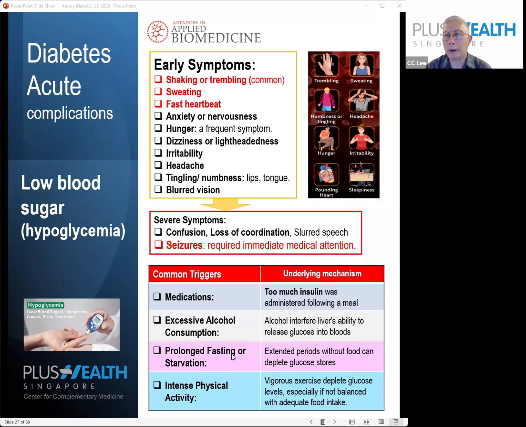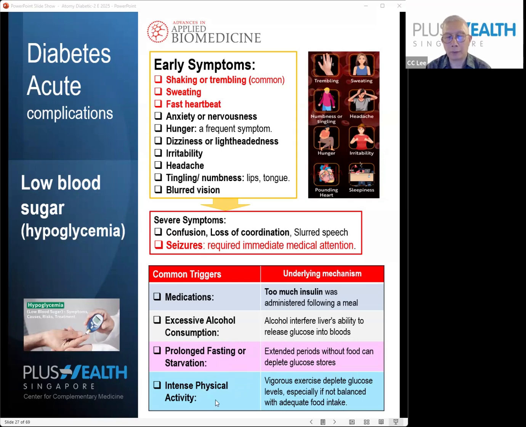Then, never fast. Diabetic patients should eat at regular intervals and should never go on fasting. Remember the previous session I discussed, intermittent fasting is one of the effective modalities for weight management, but it is contraindicated for people suffering from diabetes. Why? Because fasting runs the risk of causing low blood sugar.